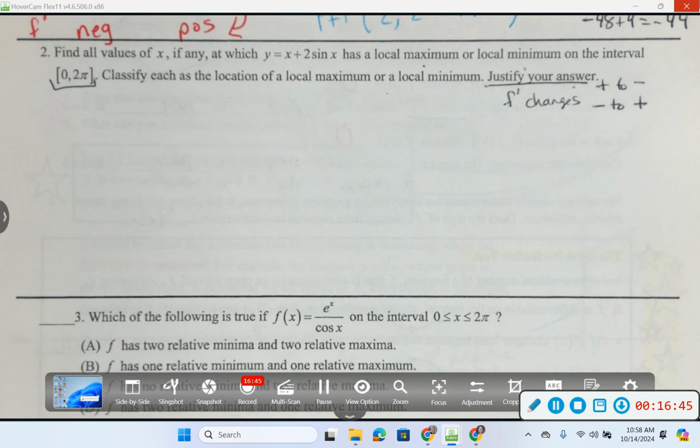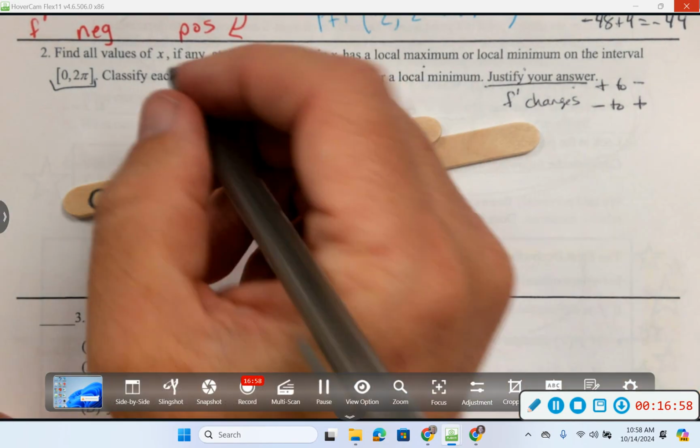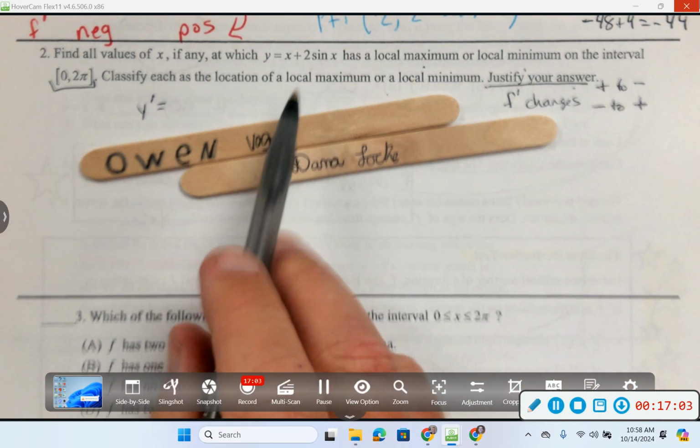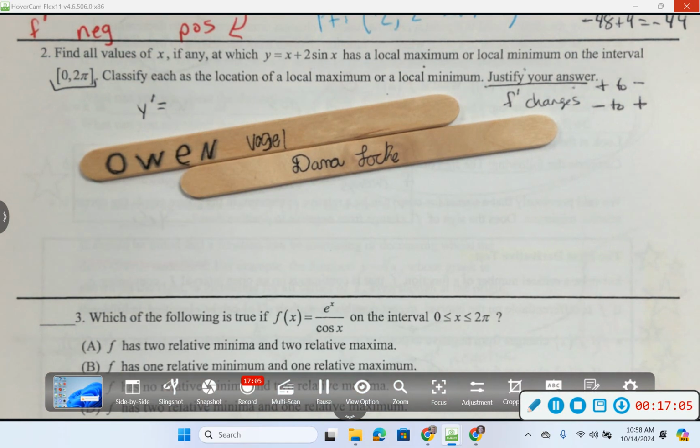Okay, so back to the process. Critical points give me my potentials. Put those on a number line, check the intervals, and then I can find maximums and minimums. So job 1 would be a derivative. So Owen, how about the derivative of x? 1.